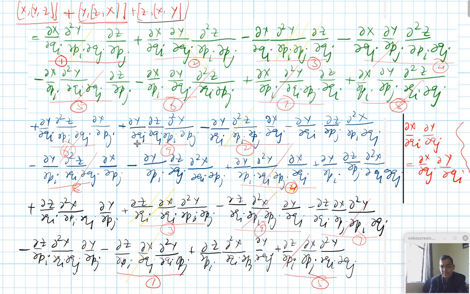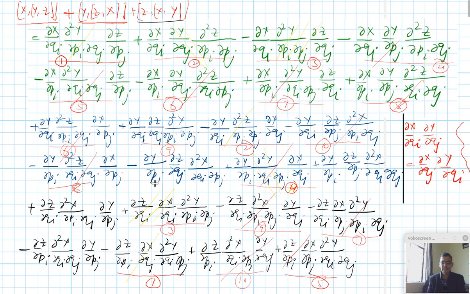Let me compare. This is qi, this is qi, so they can be exchanged using this formula, so they are identical. Similarly, this is the 10th term, so this 10th will cancel out, because equal and opposite.